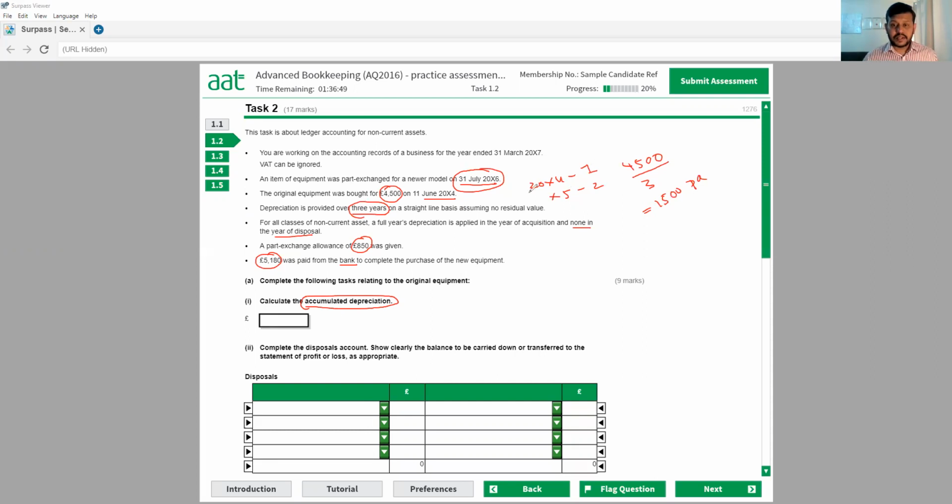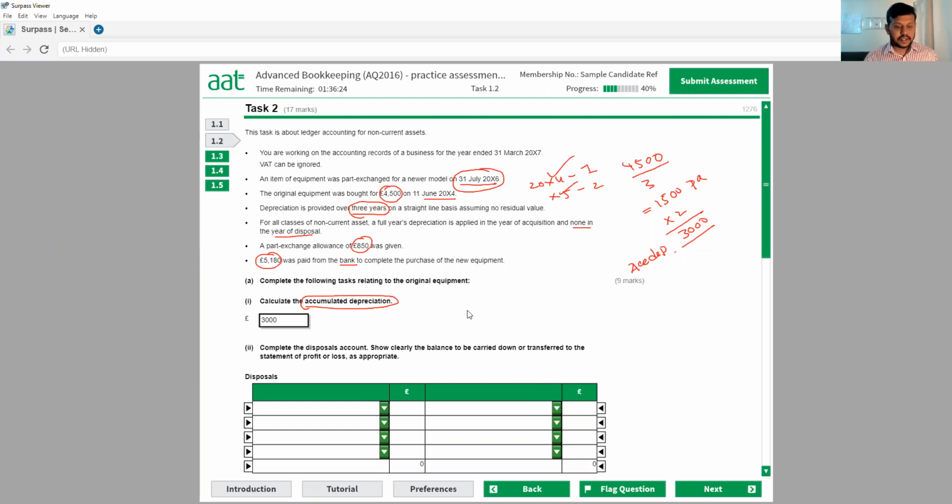For the 2 years, 2014 and 2015, times by 2, it gives us 3,000. So the accumulated depreciation is 3,000 for 2 years. It's not a difficult one. All right, let's move to the next one.